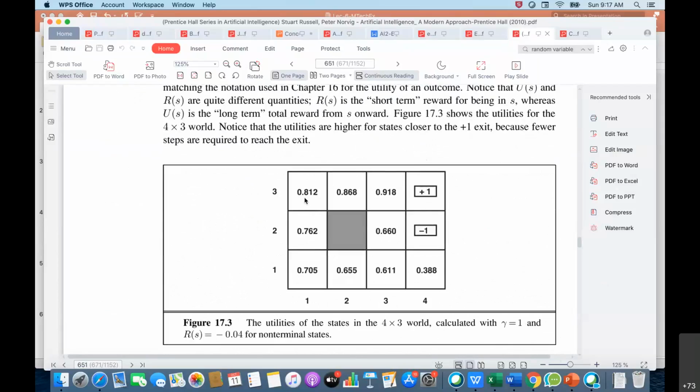Your reward value is minus 0.04 for every state except those exit states. With these values, and a transition model given with respect to your optimal policy, you can check whether you are getting these utility values after executing that algorithm. Let me know whether you are getting the same utility values as those given.